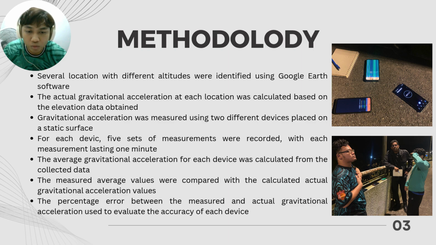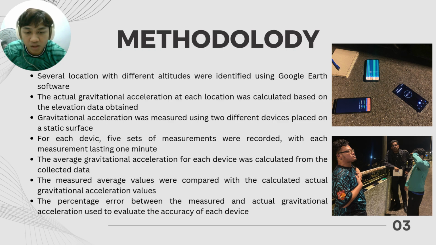We also conduct 5 separate trials for each location or altitude to make sure the data is reliable and accurate. We log each set for 1 minute. After we collect all the data, we average all the trials to get our final value.